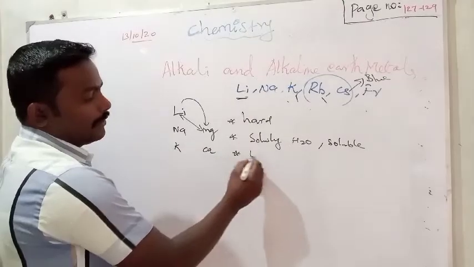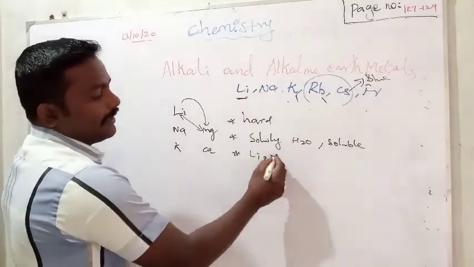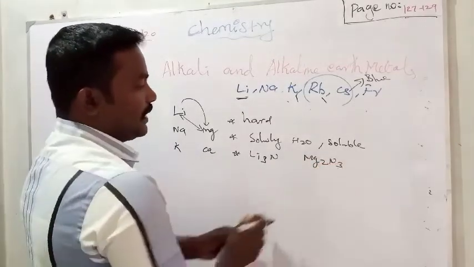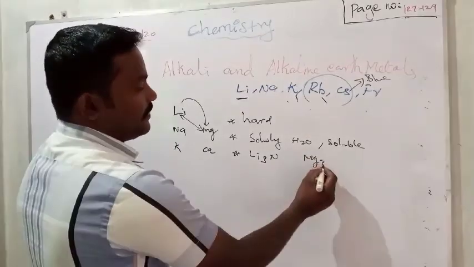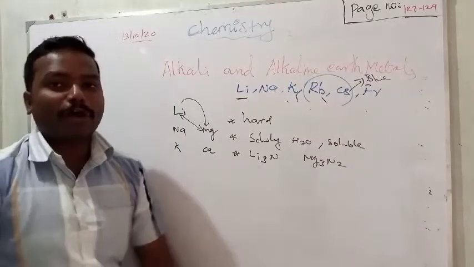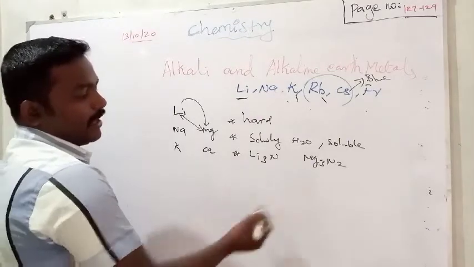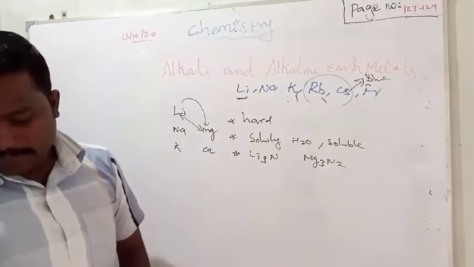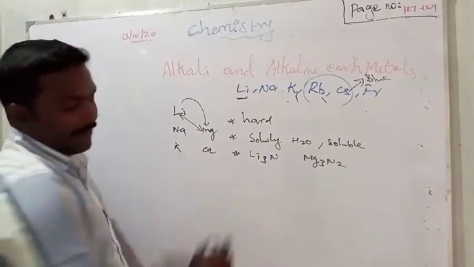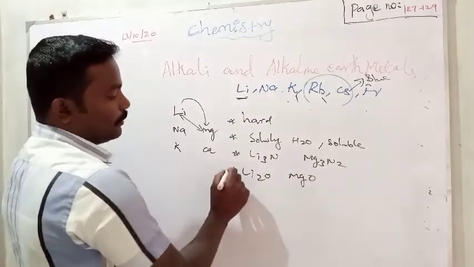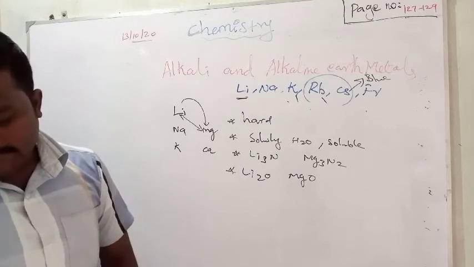Both form nitride compounds, Mg3N2. Both form nitrides. Then both do not form superoxides. They form only normal oxides, like Li2O and MgO.